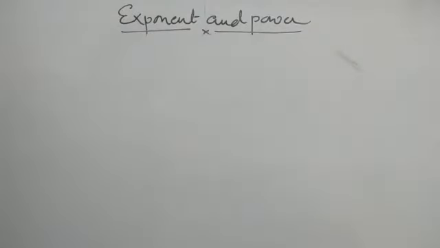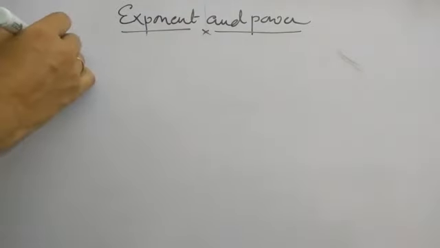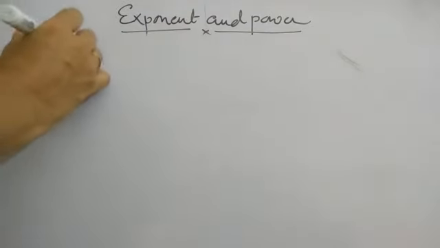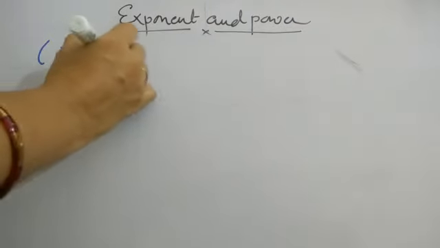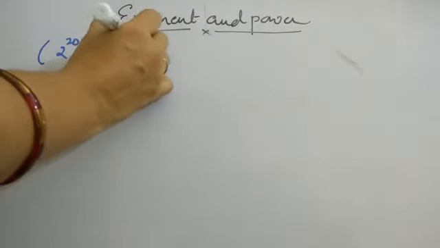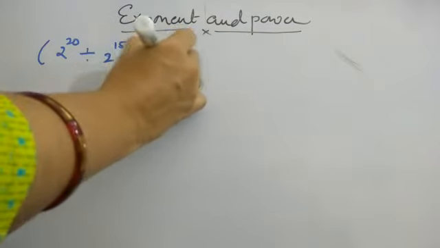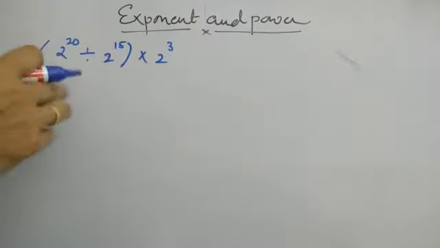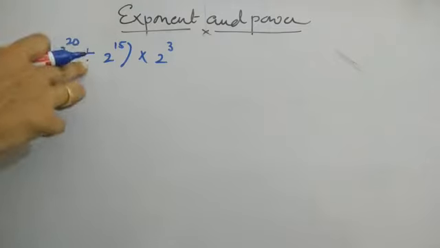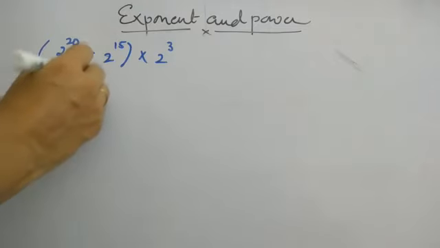Now certain related examples let us take. So suppose we have 2 to the power 20 divided by 2 to the power 15 into 2 to the power 3. It's a combination of two laws, children. See here the bases are same and they are being divided. So what will happen?